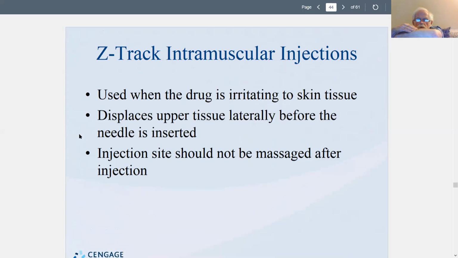But notice if I pull on the skin, I'm displacing the skin so that if I go into the muscle here, do my injection, and then let go, the various layers come back and you're looking at a break in that puncture hole. So the adipose tissue, the subcutaneous layer, then displaces back over the hole in the muscle and keeps the drug from leaking out. This is especially important for thicker drugs too.